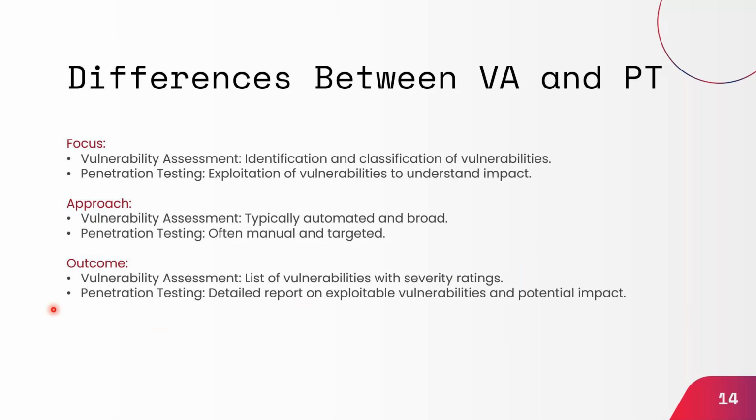And when it comes to penetration testing, we give a detailed report on the exploitable vulnerabilities and potential impact. This helps them understand that these vulnerabilities have exploits available on the internet. Someone may run these exploits to gain access, and they can create a potential impact for an organization. So this is the difference, guys.